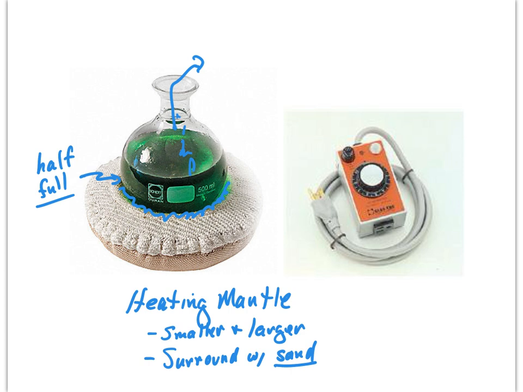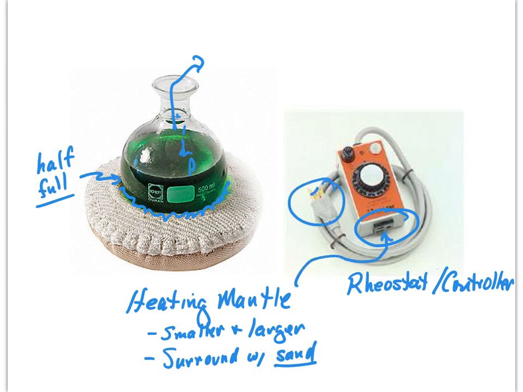And a heating mantle is controlled by a rheostat type controller. Now, some older heating mantles actually have plugs that will go directly in the wall, but you do not want to put them directly in the wall. Note there's a plug on the rheostat controller. So the mantle is plugged into the rheostat controller.